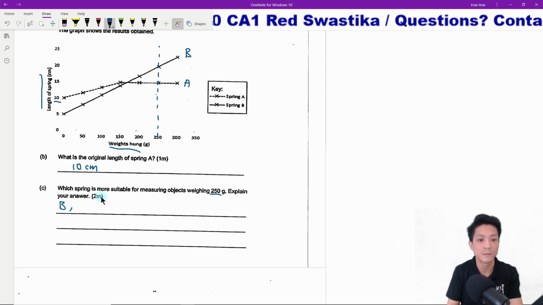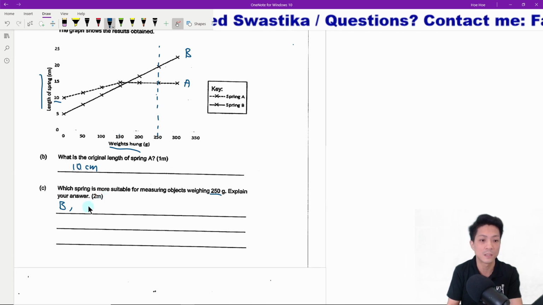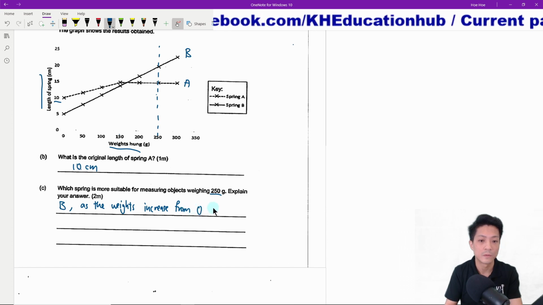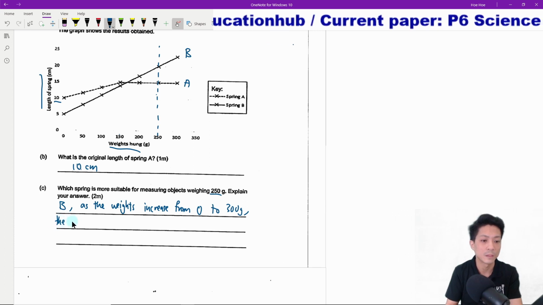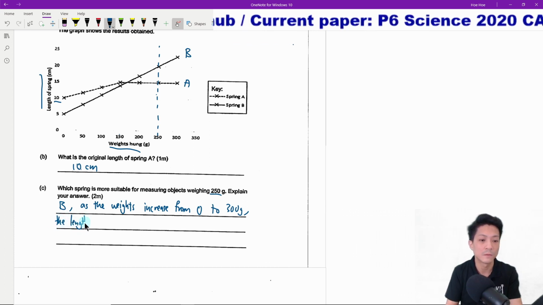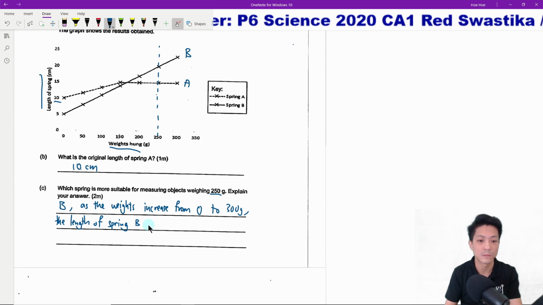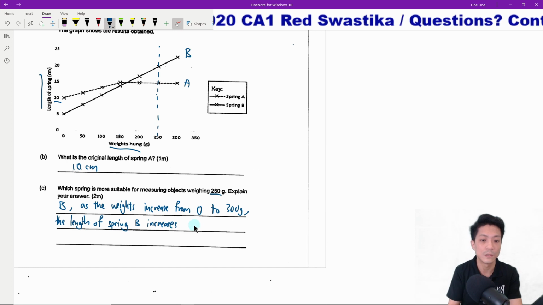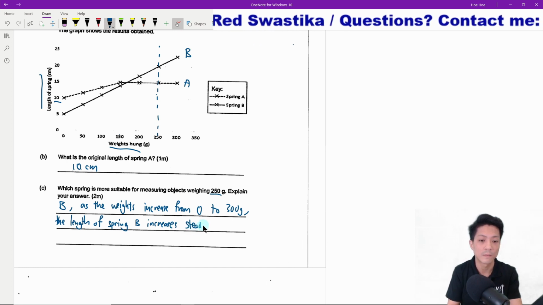Spring B. Explain your answer as the weights increase from 0 to 300 gram, the length of spring B increases steadily.